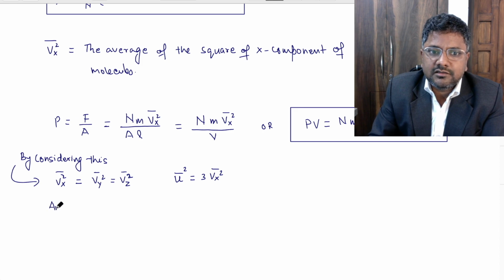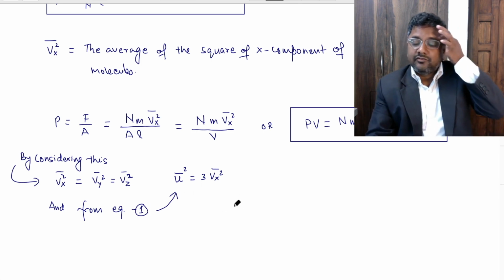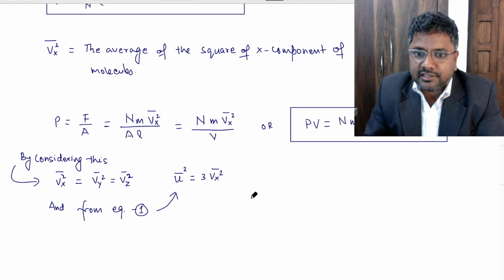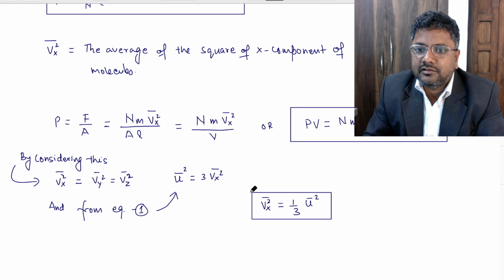So from equation 1, we can write this, right? We can write vx square average is equal to 1 by 3 u bar square. This is a very important relation.